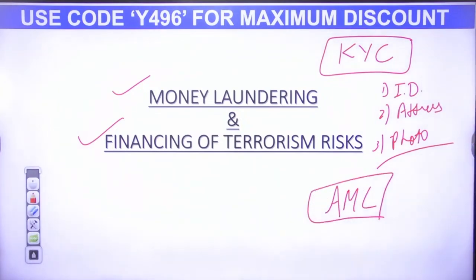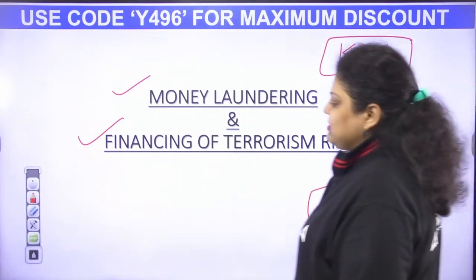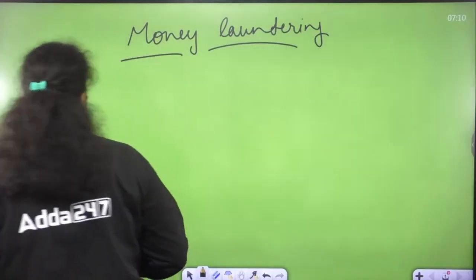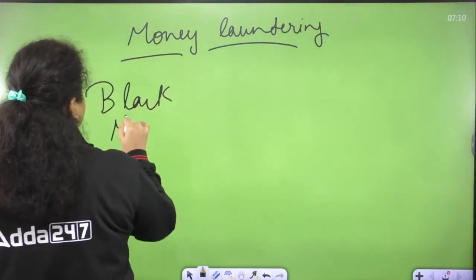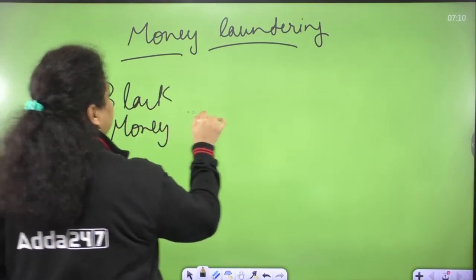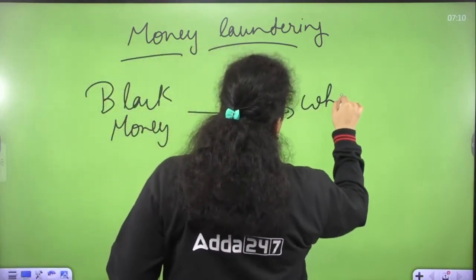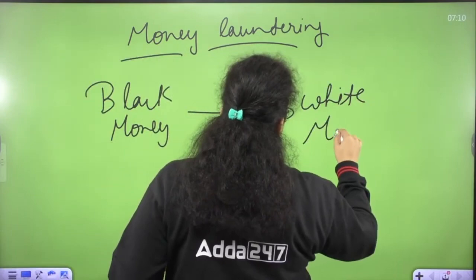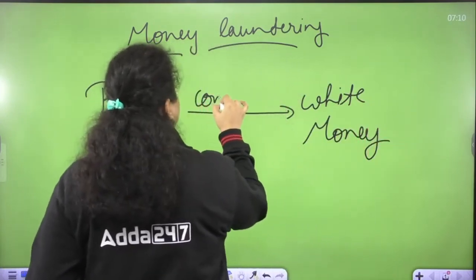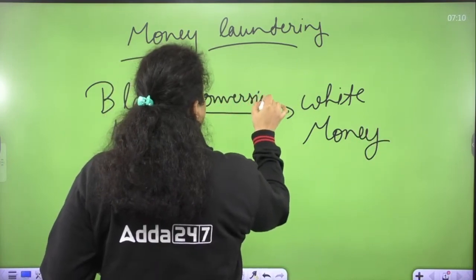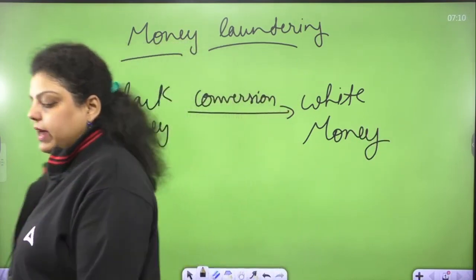Now, if I'm talking about AML, anti-money laundering norms: money laundering, as I have told you, is simply the conversion of black money into white money. When you have black money and you convert it into white money, this is known as money laundering.